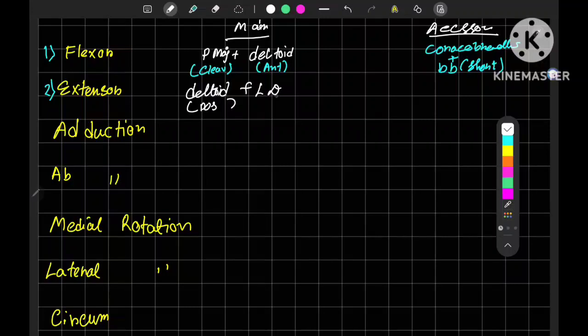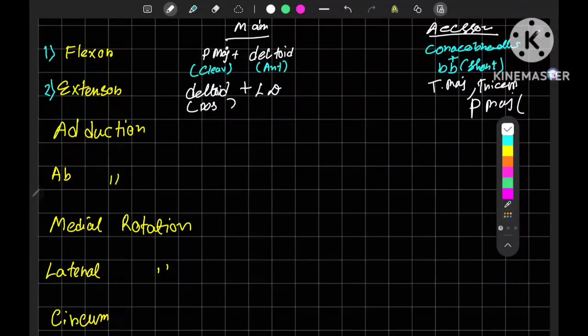Which nerve is going to supply this muscle? Give me the answer in the comment. Then the accessory muscles: teres major, then the triceps, and the pectoralis major also.